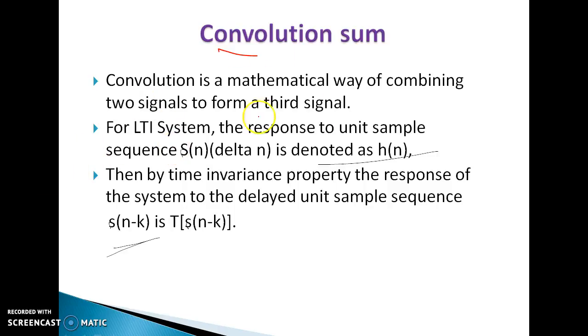In a linear time invariant system, the response to a unit sample signal delta n is denoted by h of n. If the input is delayed by k samples, like delta n minus k, the output response will also be delayed by the same n minus k.